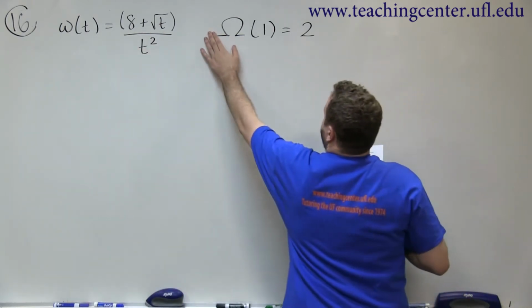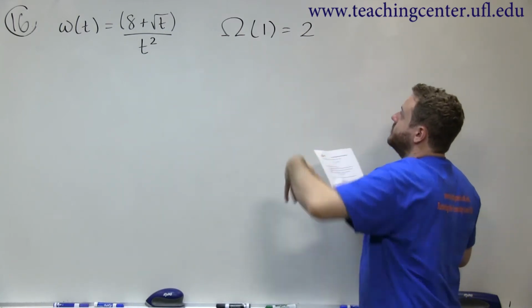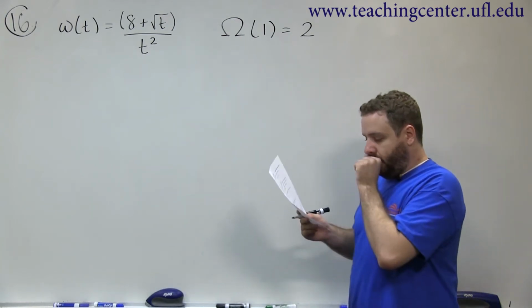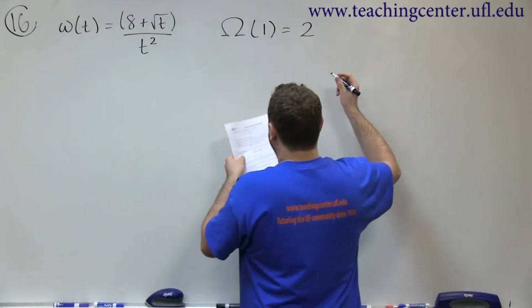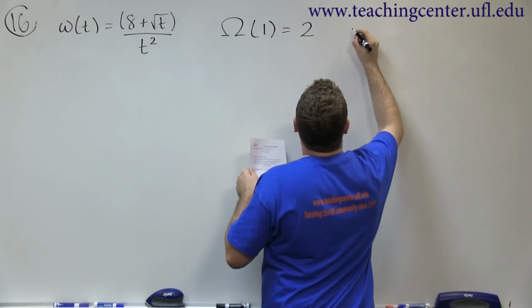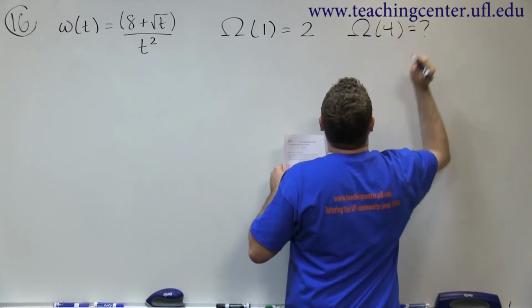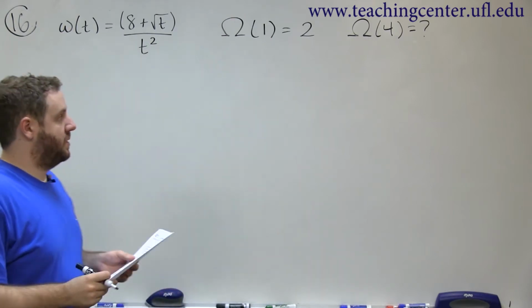So if we plug in 1 minute, 2 liters would have been consumed. That's the amount. We're asked for how many liters will have been consumed after 4 minutes. So we're asked for what's the answer when we plug in 4 to the antiderivative.